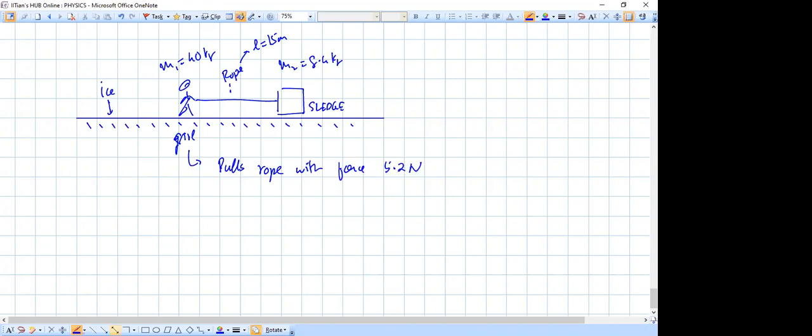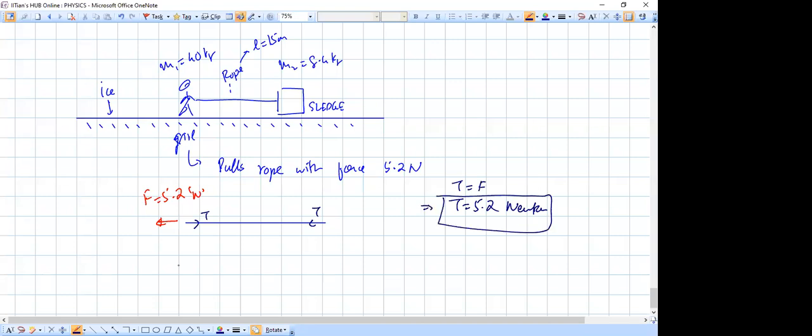Considering the rope to be massless, if the girl is applying a force of 5.2 newtons, the rope will develop a tension, and that tension will be equal to 5.2 newtons. Tension becomes equal to the force that she is applying.